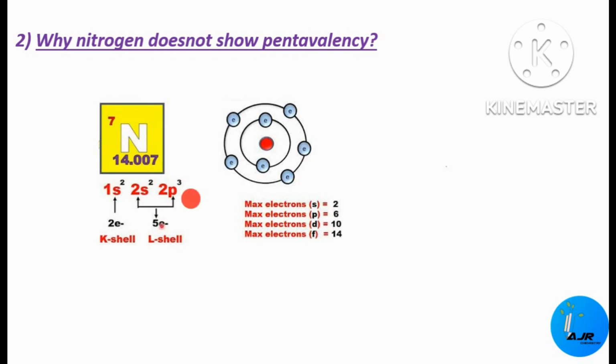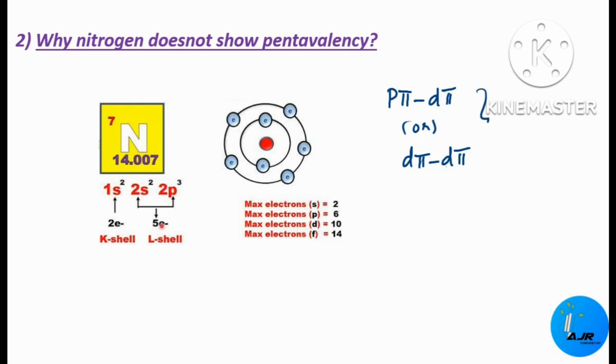That's the reason why it does not show pentavalency, since it does not have a vacant d orbital in its valence shell. Due to this, nitrogen cannot form p pi d pi or d pi d pi multiple bonds.